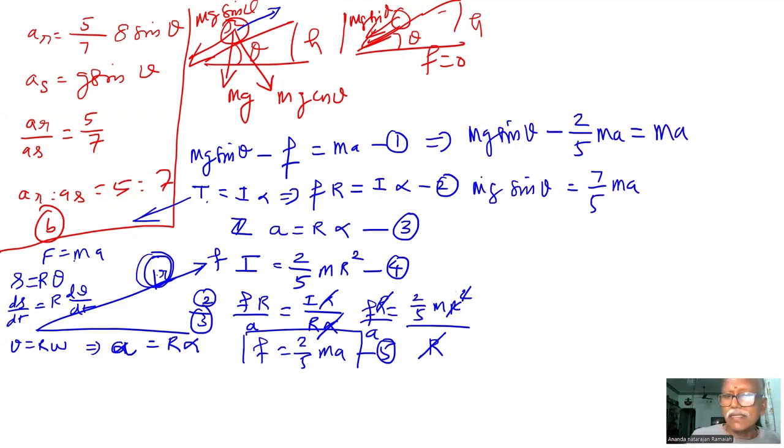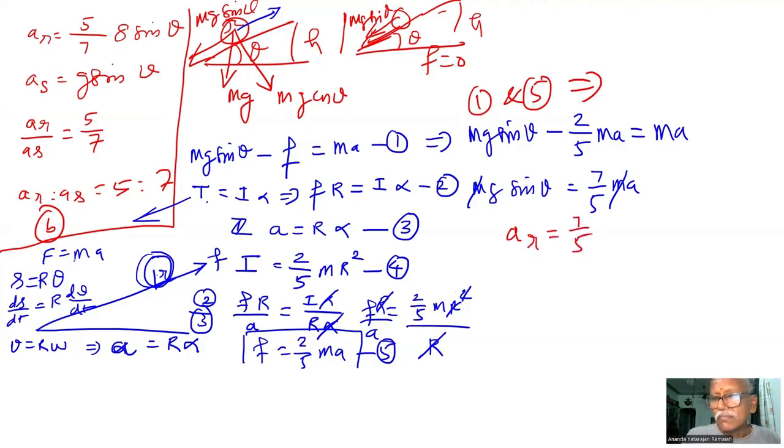M gets cancelled. Equation 5 is substituted in 1. Therefore, g sin theta equals 7 by 5 a. A rolling equals 5 by 7 g sin theta.